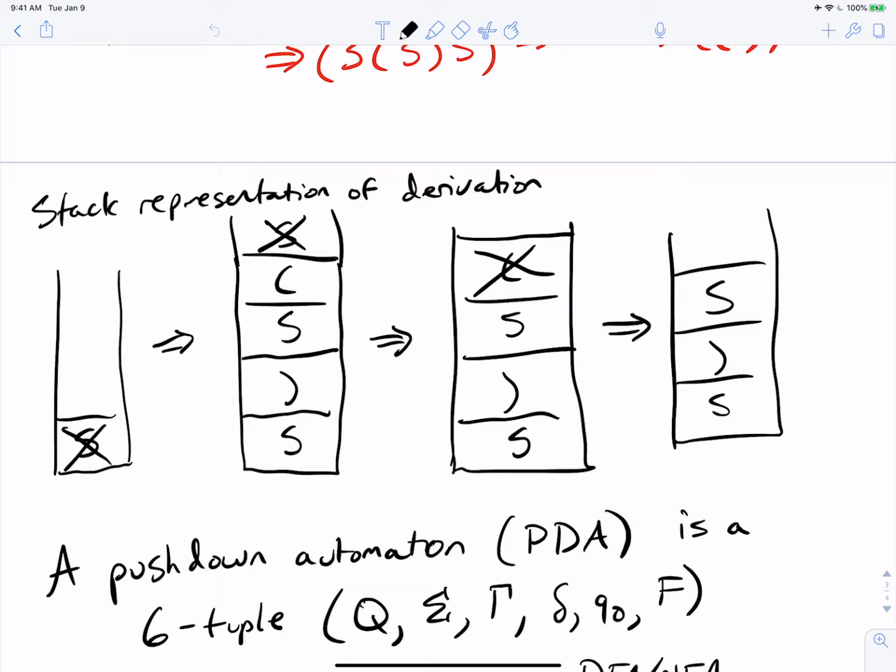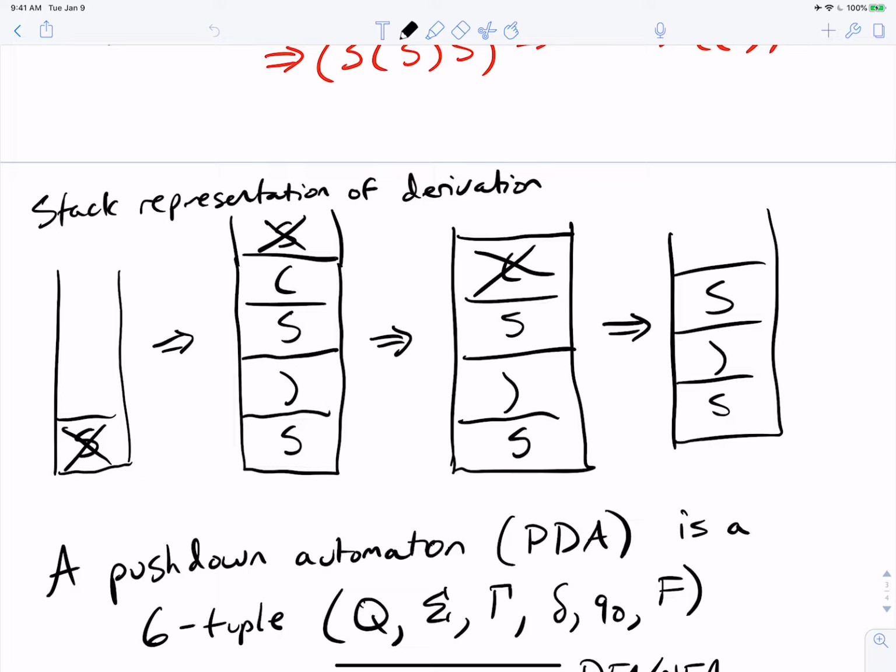So in the PDA, if that left parenthesis is at the top of the stack, then it will never change because of how derivations work, which means that we need to read it off of the input. Remember, a PDA has an input that it needs to check whether or not it's in the language of, let's just say, balanced parentheses. So if the left parenthesis is on the top of the stack, then we need to read that same character off of the input while popping it off.